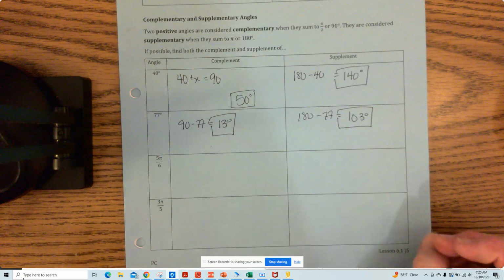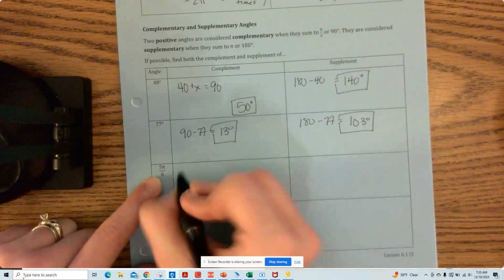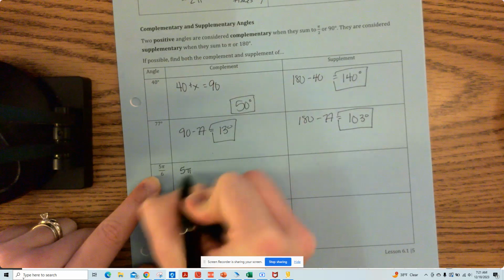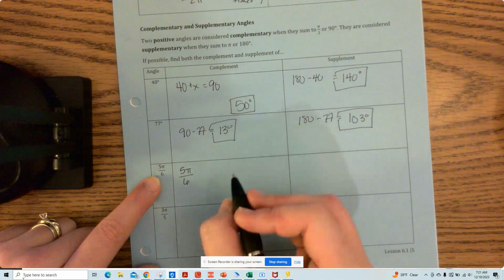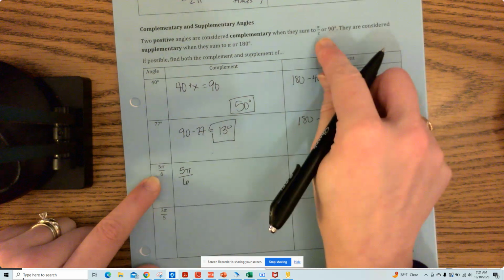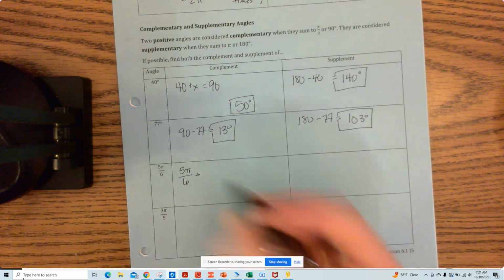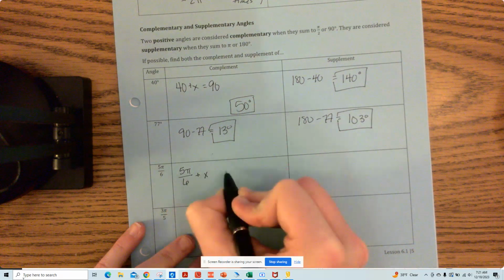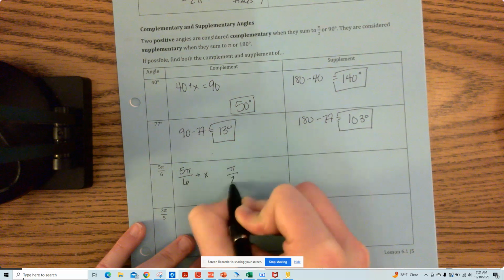Okay. Sometimes you can't do it. Okay. 5 pi over 6 plus something has got to equal pi over 2.